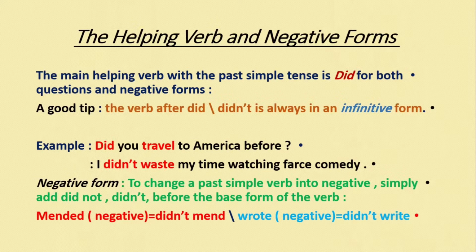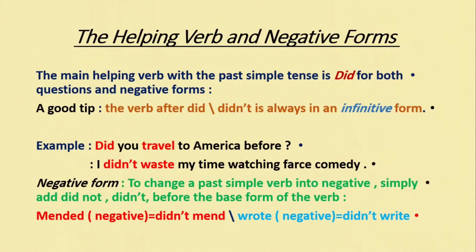There is a main idea, a general idea about the negative form in the past. Any verb in the past simple is changed into negative by adding did not or didn't as a short form, plus the base form of the verb.